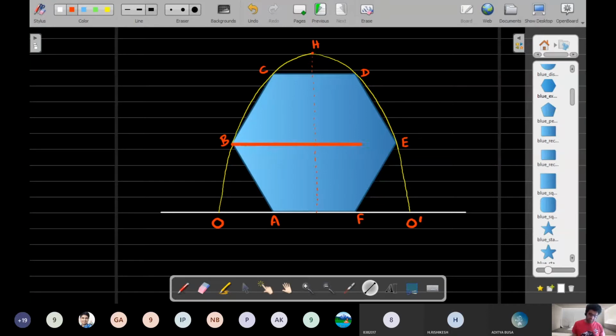Another line I'll join B, just for convenience. So there are three places where this important line cuts. Let me mark those points. I'll call this intersection H1, this point H2, and the bottommost point H3. So these are the three important points which will be part of my solution.